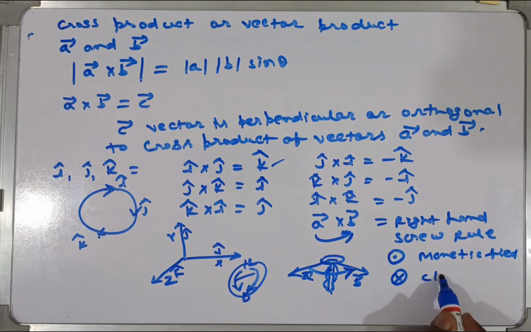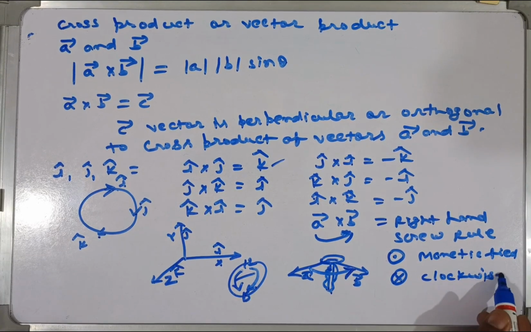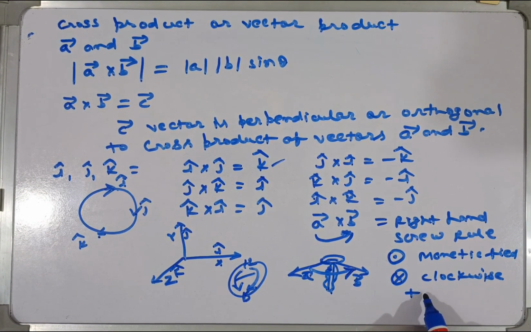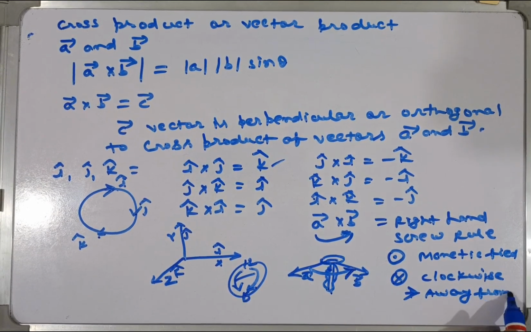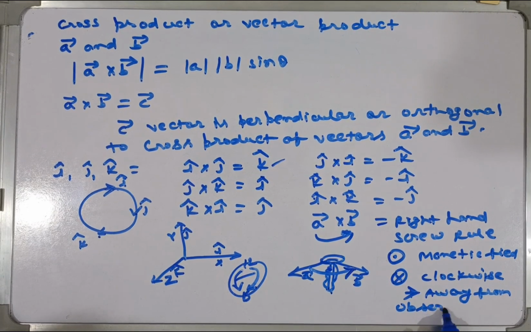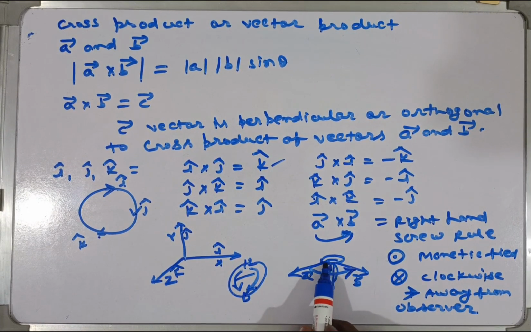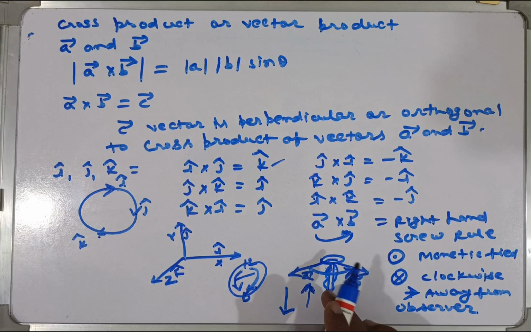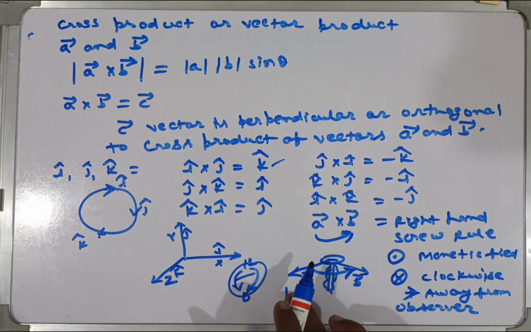So this is for clockwise, or you can say it is away from the observer. When you screw in the anti-clockwise direction, you will see the length increasing, which means it is coming towards the observer. When it is screwing in the clockwise direction, the screw will go down, so we can say it is going away from the observer, okay guys.